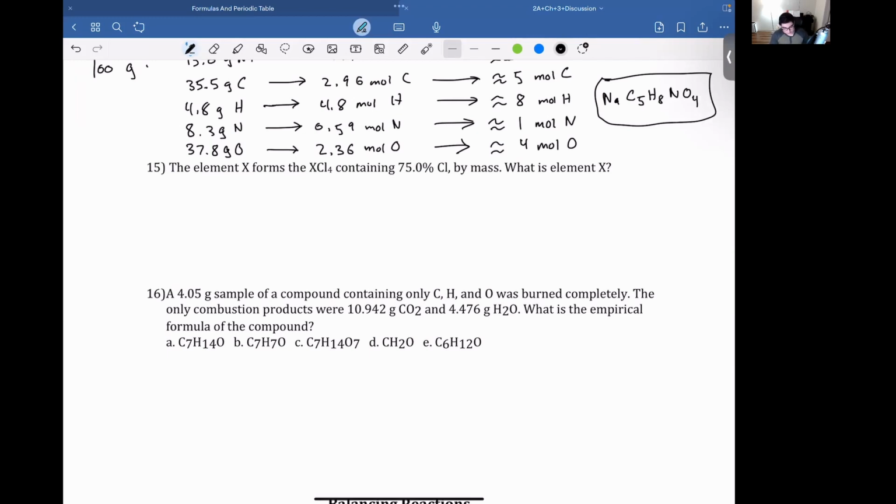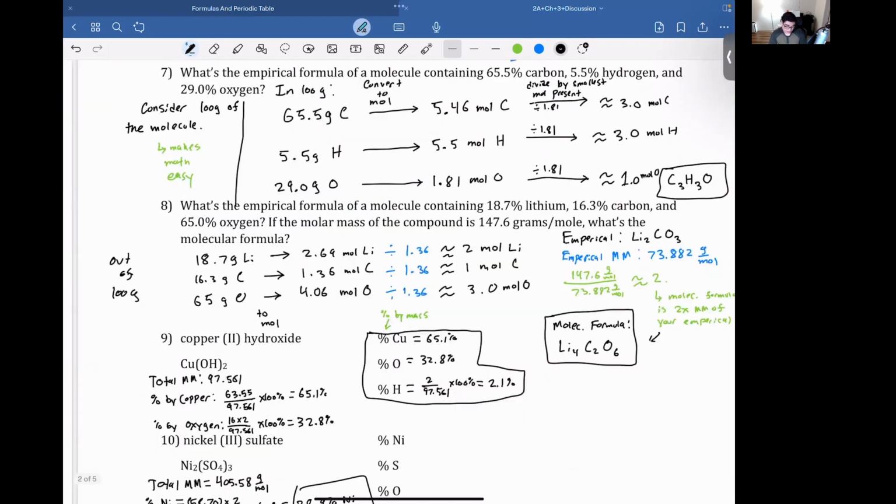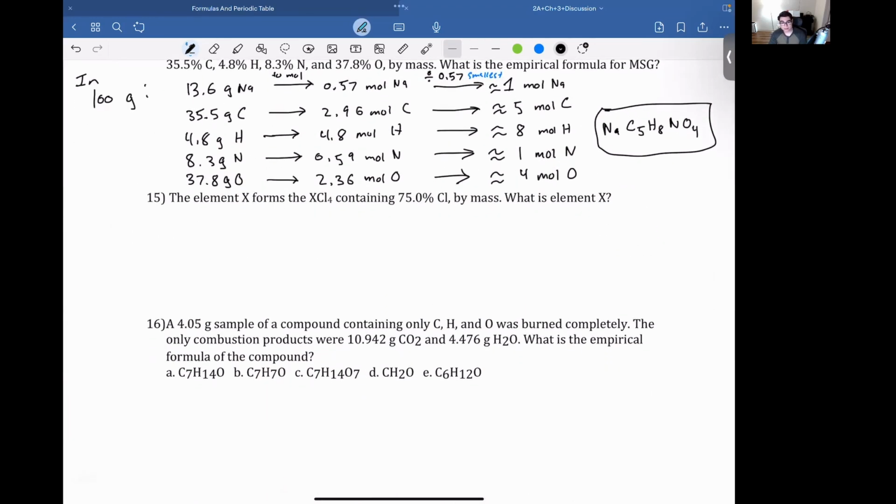15, it says the element X forms XCl4 containing 75% chlorine by mass. What is element X? So again, we're doing the contribution thing that we did for 13 and 9 and 10, except going backwards, right? So we're trying to figure out what is the molar mass of element X first. That's what we want to figure out. So we know that it's 75% chlorine by mass, right?